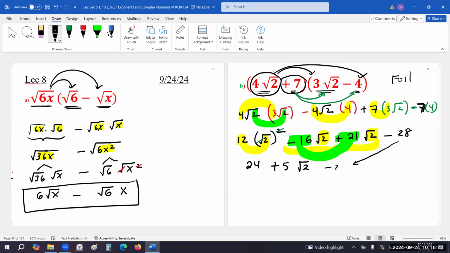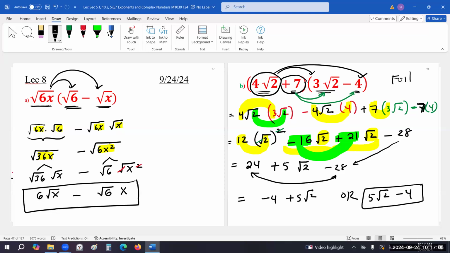And we have our extra 28 alone. Do you see any like term anywhere? 24 and 28. So what is 24 minus 28? Negative 4, and we have 5 square root of 2, or 5 square root of 2 minus 4.